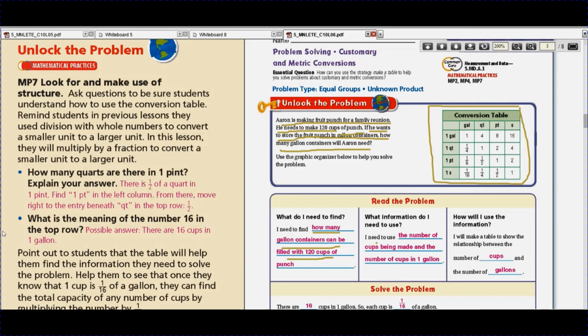I need to use the number of cups being made and the number of cups in 1 gallon. The third question, how will I use this information? I will make a table to show the relation between the number of cups and the number of gallons.